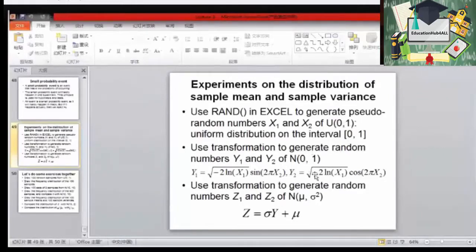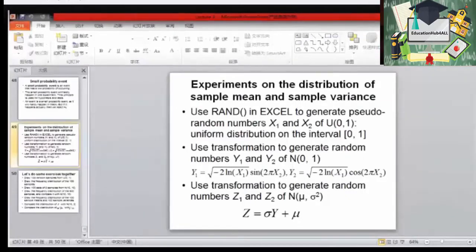But after we do some data transformation, we can have a standard normal distribution. From the standard normal distribution, if we add something and multiply by something, we will have any normal distribution. So maybe first let's try this.